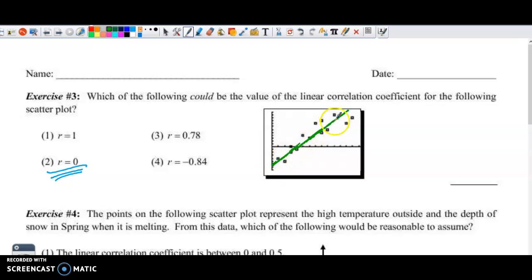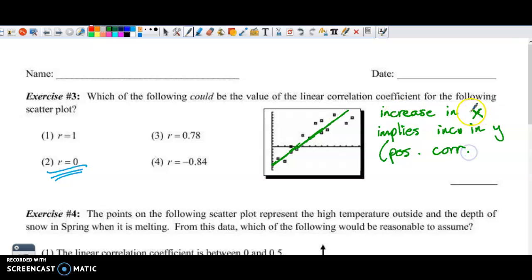As I increase in X values, I also increase in Y values. That's another way of saying an increase in X implies an increase in Y. I'll just write INC in Y. So what that means is that we have a positive correlation.